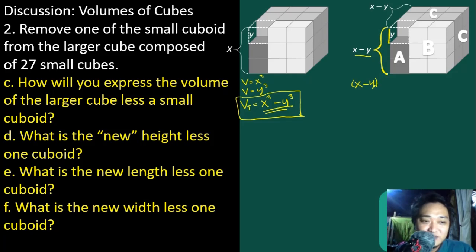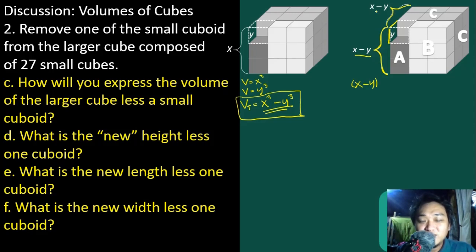For letter E, what will be the new length less 1 cuboid for this side only? Pertaining to this corner, we're going to express the new length. Siyempre, kanina, ang haba niyan is x. Bawasan mo ng ganito, yung haba ng cuboid, ng maliit na cube.